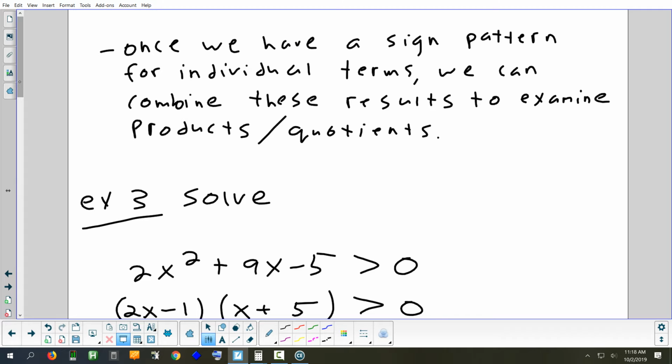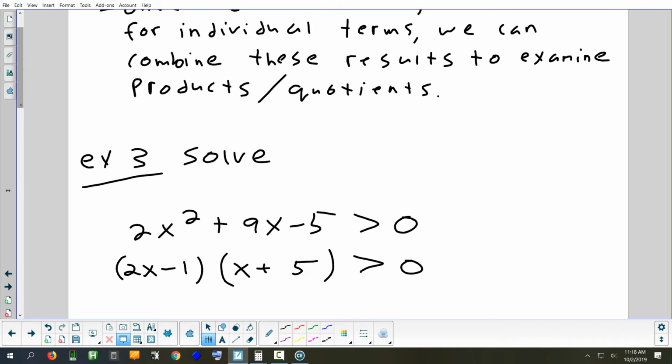The last step is to combine those two into one number line. So instead of having two separate number lines, let's get it all on the same number line. And by doing that, now we can look at the product or quotients. In this case, this is a product. This number line, 2x minus 1, times this number line, x plus 5.